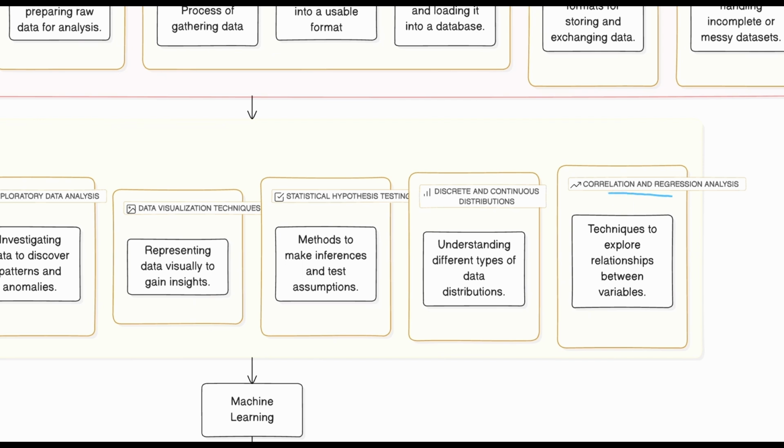And of course, correlation and regression analysis is going to be another key, because there are a few algorithms which have some preconceived assumptions within them. If you're working with regression, you need some sort of collinearity or correlation between the input variables and the output variable. So you need to have a good understanding of how to go about finding correlation between these two.